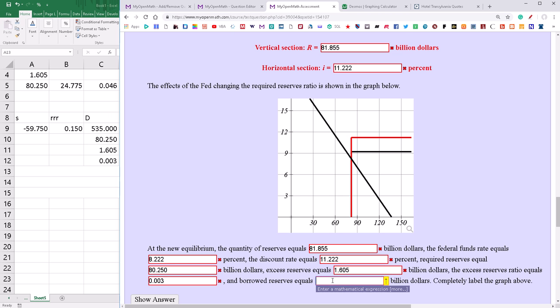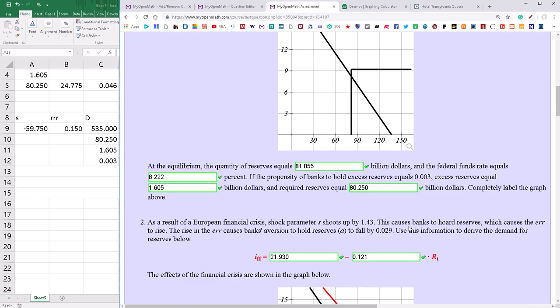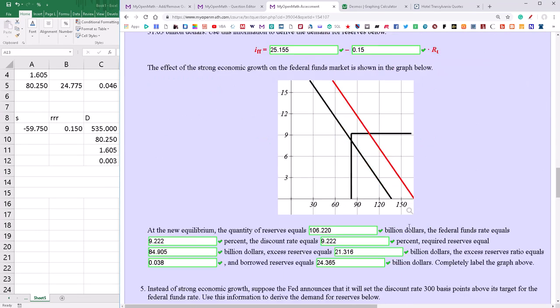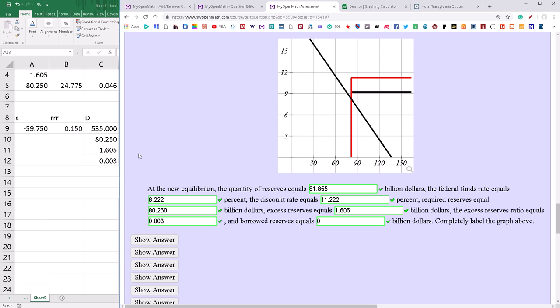And then borrowed reserves is 0, right? Because the Fed did no discount lending here. The equilibrium is what it was, right? It hasn't changed. Okay, and that's the federal funds market and things that might or may not alter the equilibrium.